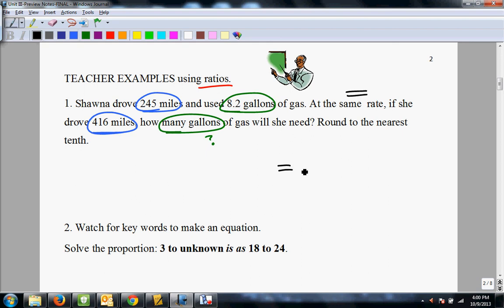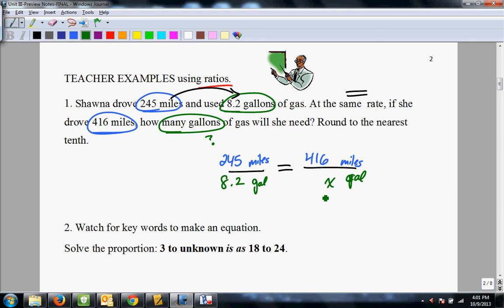So we can make a proportion. These are ratios. We have miles over gallons of gas. We're given one ratio already, 245 miles for every 8.2 gallons, equals 416 miles and unknown gallons.